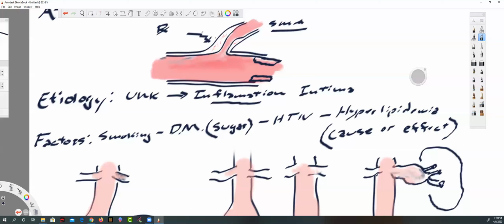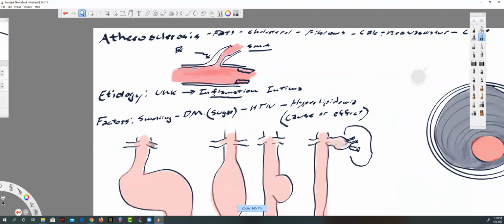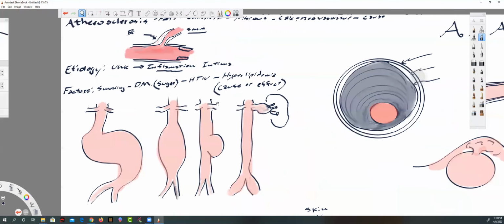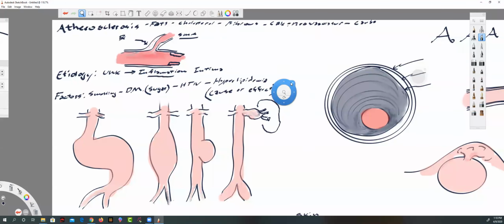Because the body is trying to repair itself. And trying to repair itself, one of the things that goes into this purposely by the body is cholesterol, lipids. And so that's why I say it could be putting the cart before the horse when we're very concerned in this country about your cholesterol levels.